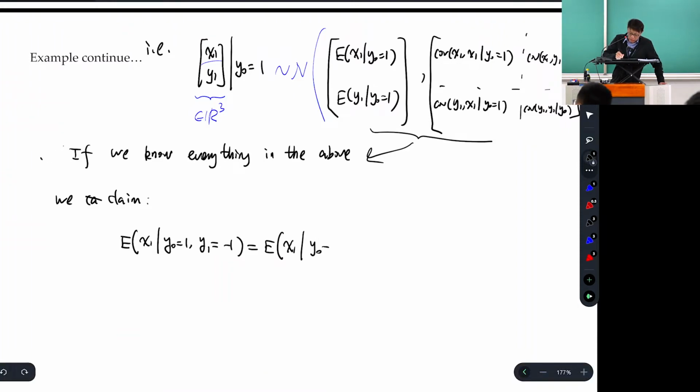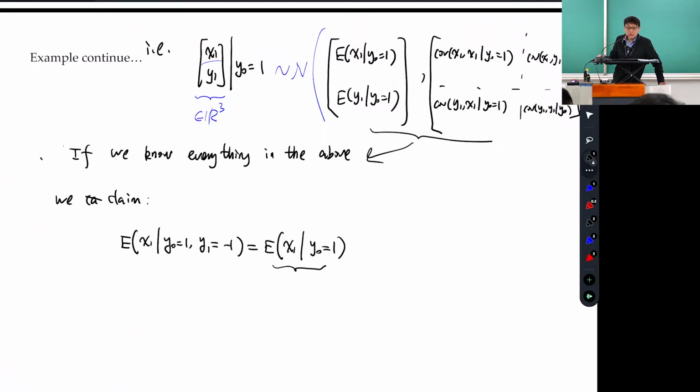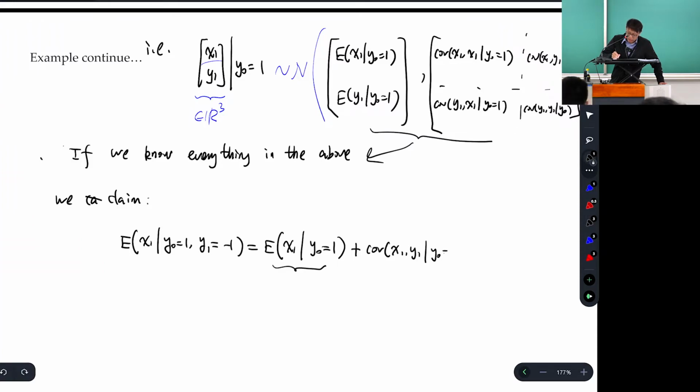Expectation of this, I will call this unconditioned expectation because you haven't seen y1 yet. And plus the covariance of x1 with y1, but still given y0 equal to 1, times the covariance of y1 given y0 equal to 1, inverse times surprise.